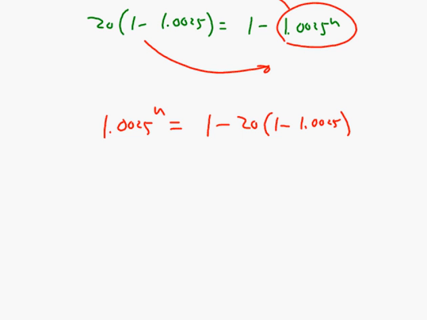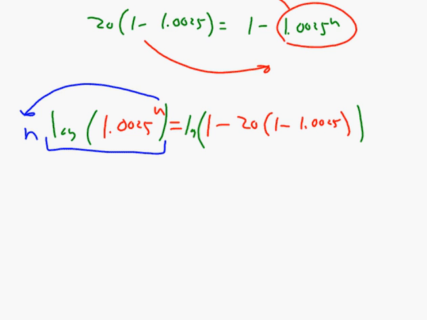So what we're really looking for, we want to take the log of both sides now. So we'll take the log of this expression and the log of that expression. And we know that the n can come down in front. So the last thing we do is divide by that. Let's finish.